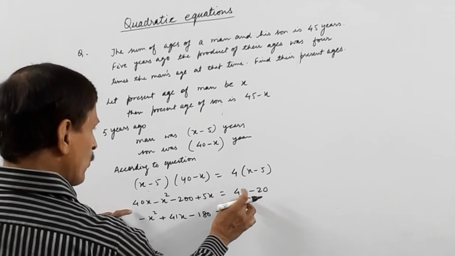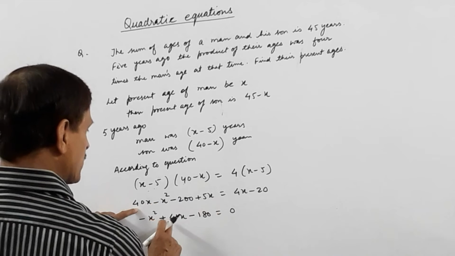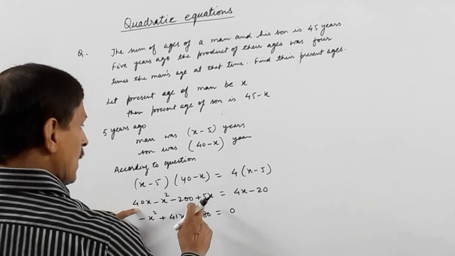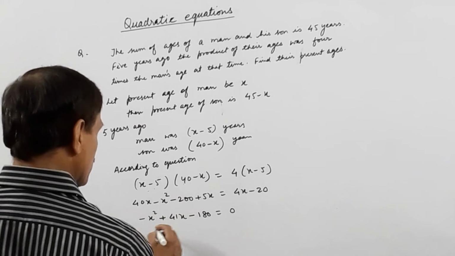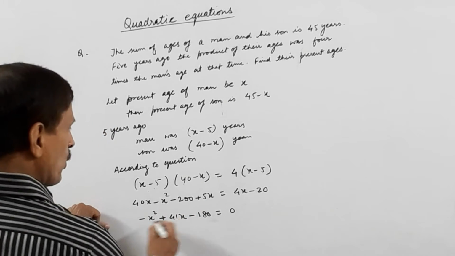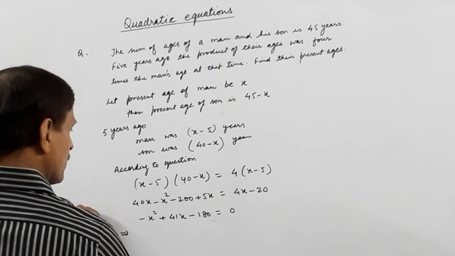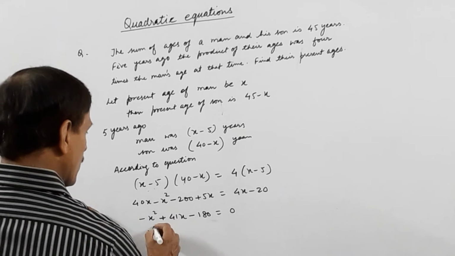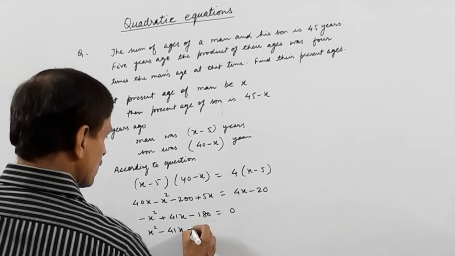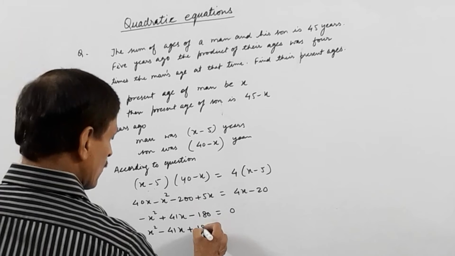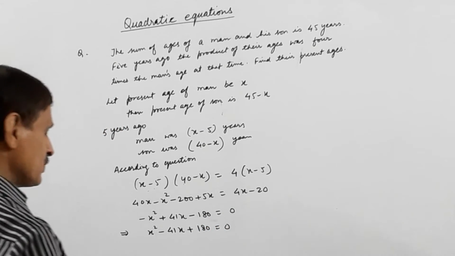On transposing, 4x is subtracted, so 45 minus 4x, that is 41x positive, and minus 200 plus 20, that is minus 180. Dividing both the sides by minus 1, we get x square minus 41x plus 180 is equal to 0.